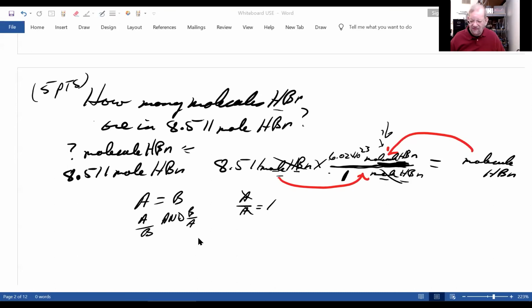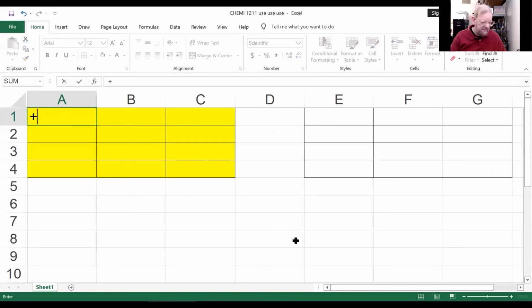And now I'll put in 8.511 times Avogadro's number, 6.02 times 10 to the 23rd.